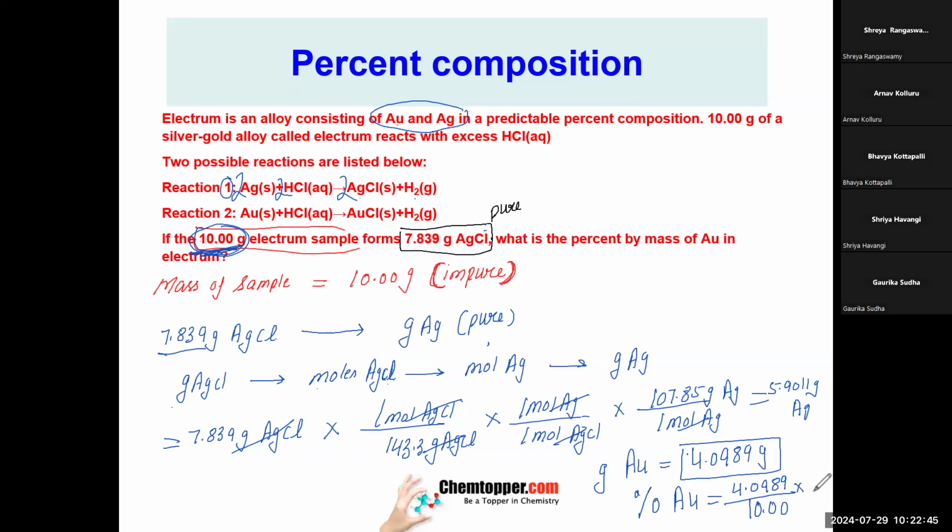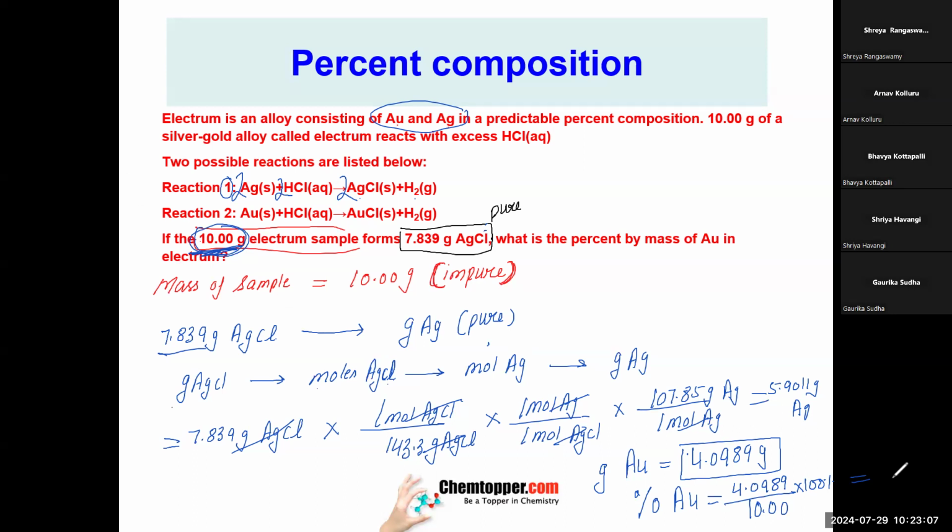What is it, Arnav? No units? So what is it? Arnav, what are the units of your answer? Oh, it's not 4.1. Sorry.